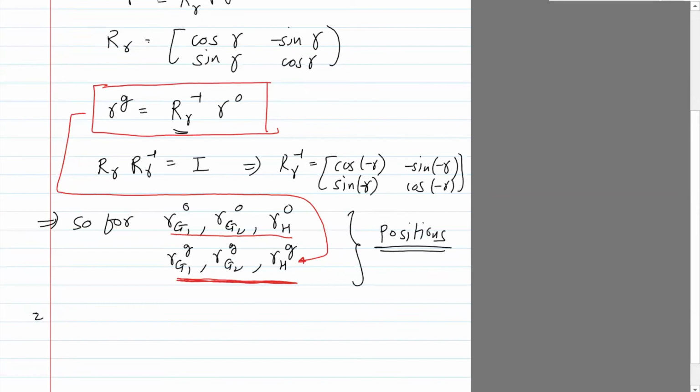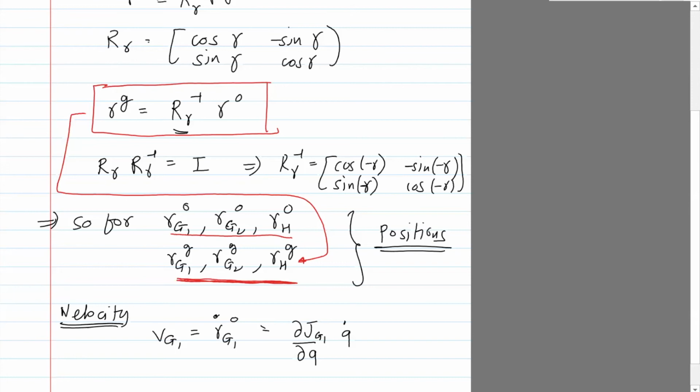The second step, part B, is to find velocities. The velocity of G1, for example, is the rate of change of position of G1 with respect to time, which you can write as dG1 over dq times q dot.